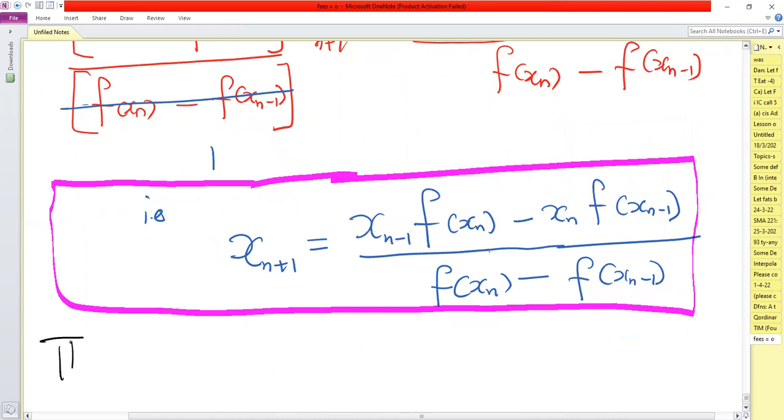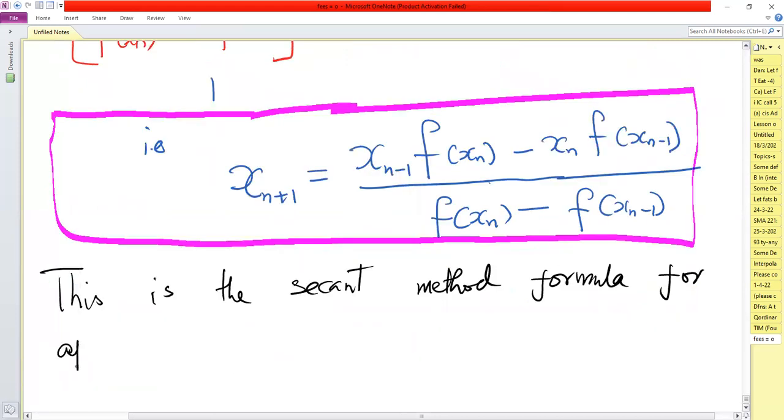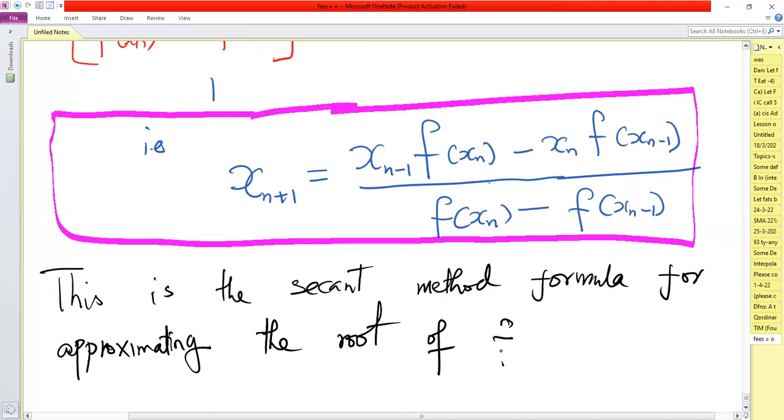So this is the second method formula for approximating the root of the equation f of x equals 0. Now let me call this formula star.